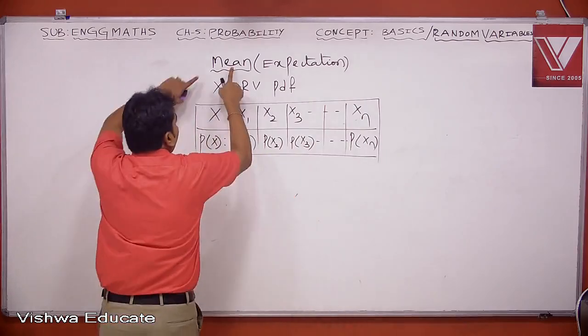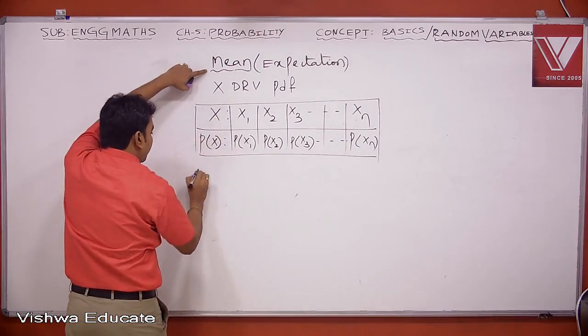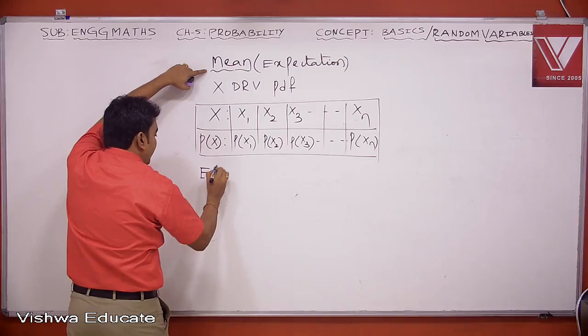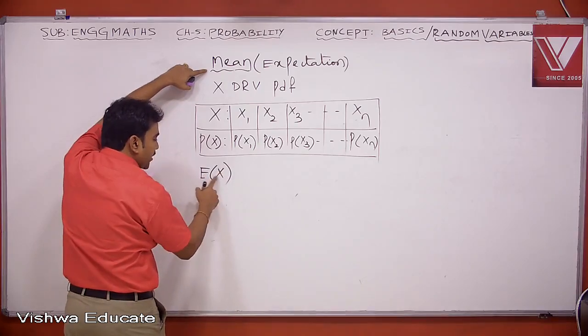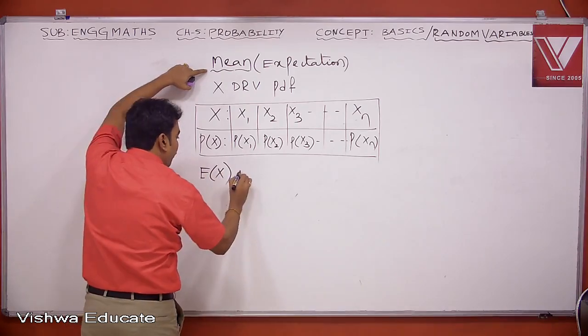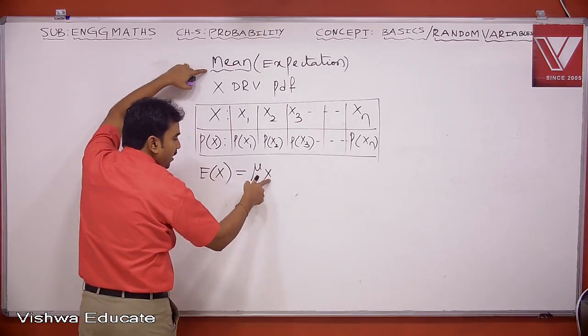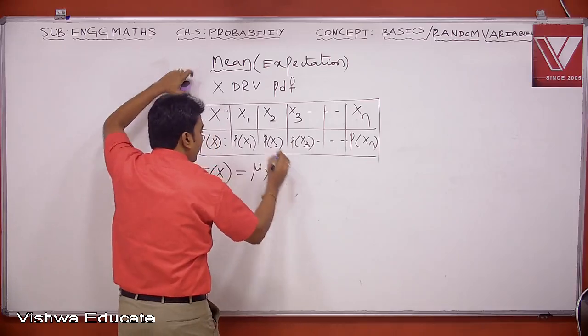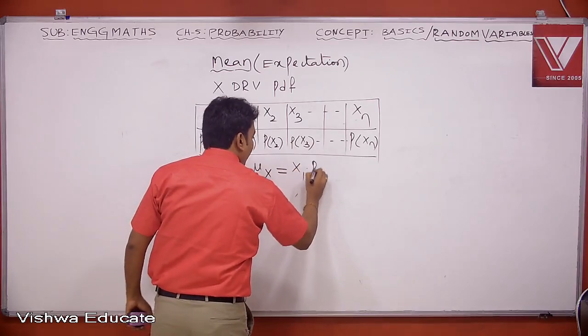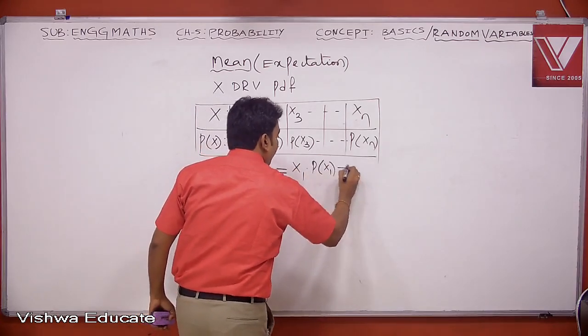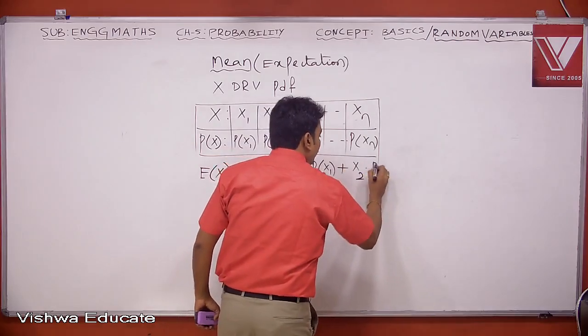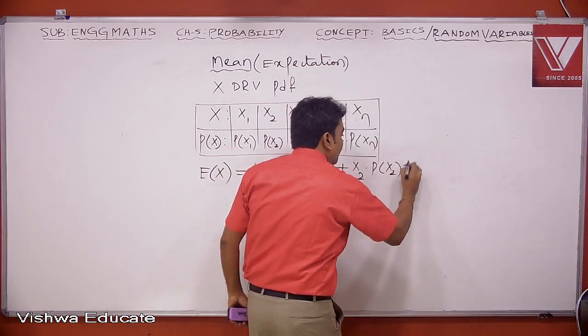Now the mean or expectation of x is denoted by E of x. This is called the expectation or expected value of x. This is also read as mean of x, mu x, and it is given by the product x1 into p of x1 plus x2 into p of x2 plus and so on.